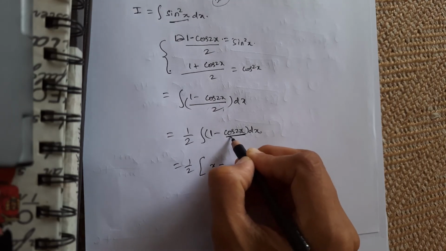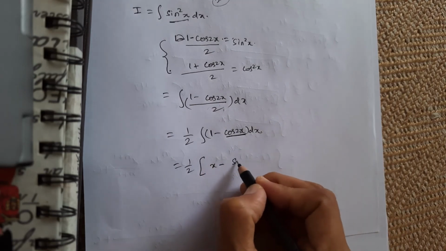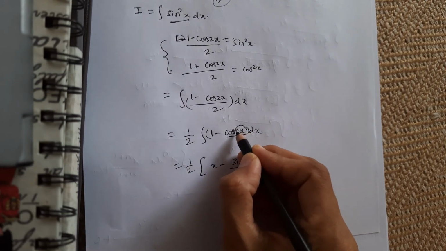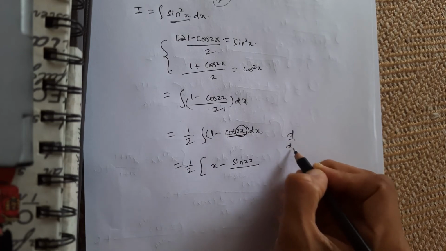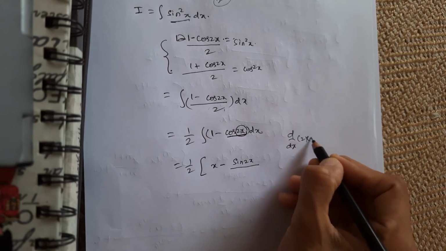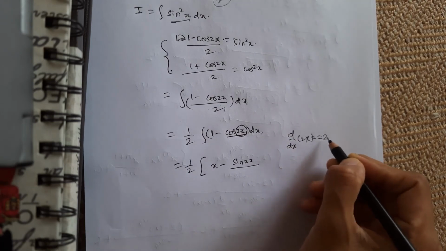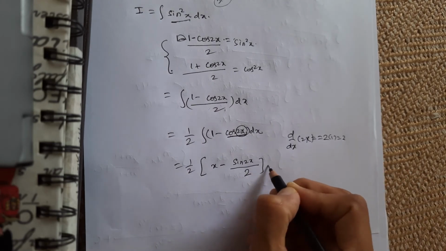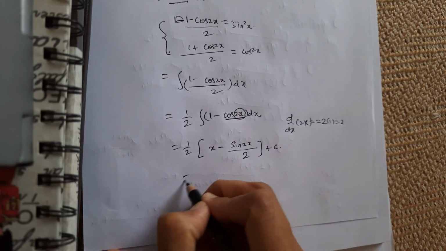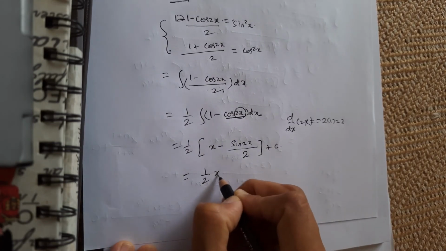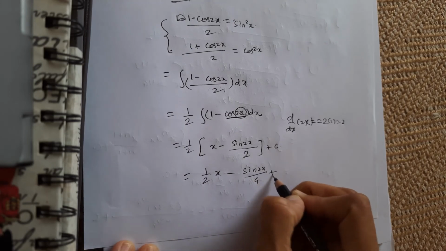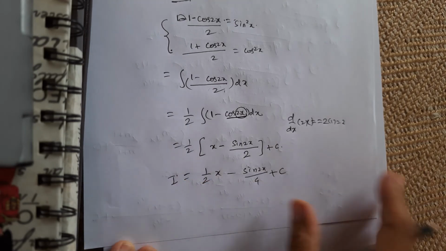Integration of cos x is sin x, so here sin 2x divided by the derivative of 2x. What will be the derivative of 2x? It is 2, right? Because 2 into 1 is 2. So upon 2, plus c. Now just open the bracket. I will get 1 by 2 into x minus sin 2x upon 4, plus c. That is the value of I.